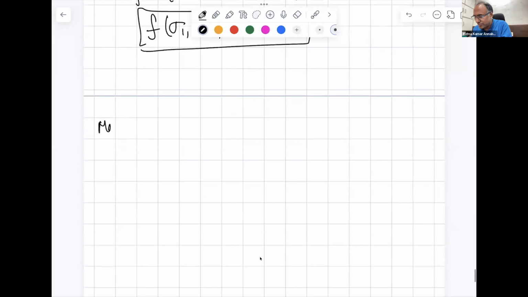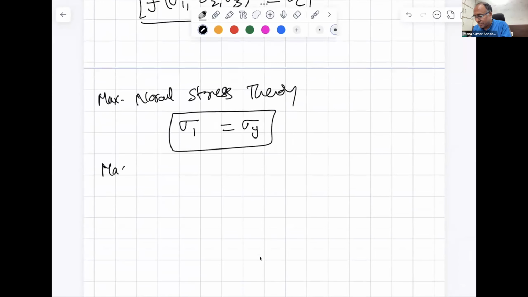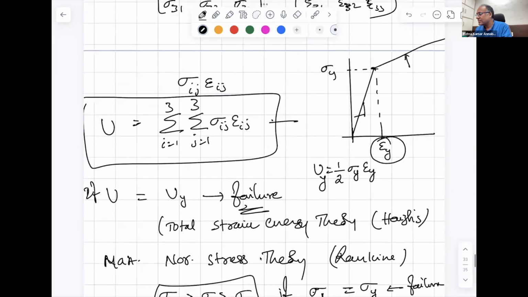Now, if I look at maximum normal stress theory, because it is a ductile material, sigma c will be sigma y. So sigma 1 is equal to sigma y is the maximum normal stress theory. Is that okay? And maximum normal strain theory, epsilon 1 is equal to epsilon y. I can always write epsilon y in terms of sigma y, right?